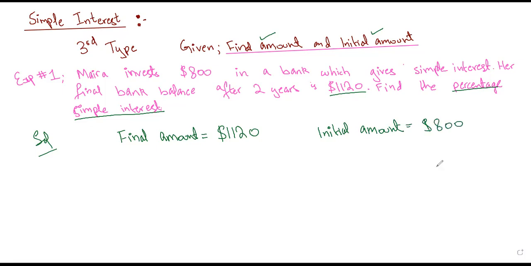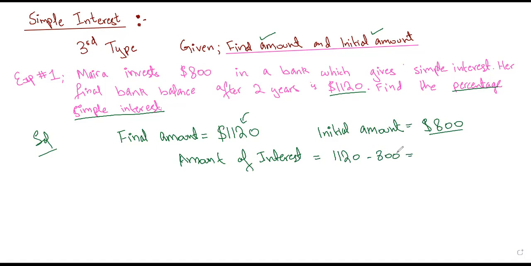Okay, forget about the question. Let's just talk about the amount of interest. So this was her initial amount, and at the end of 2 years, she had this in her bank. What does it mean? What is the amount of interest? It would obviously be 1120 minus 800, right?